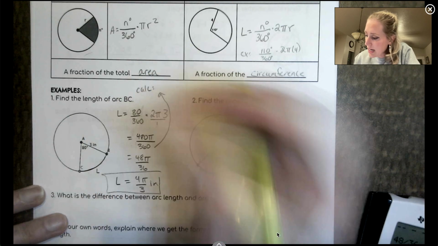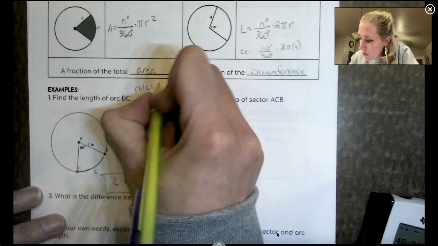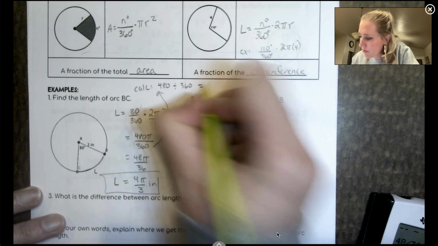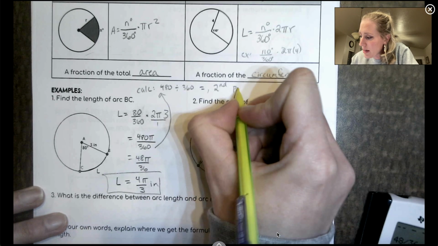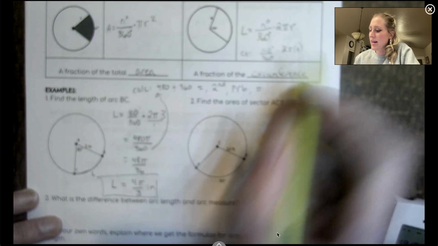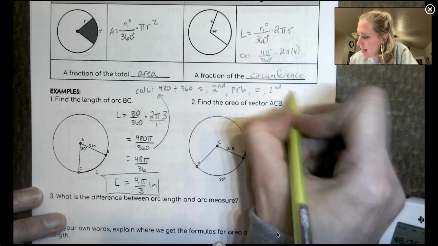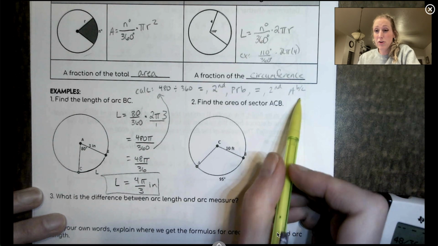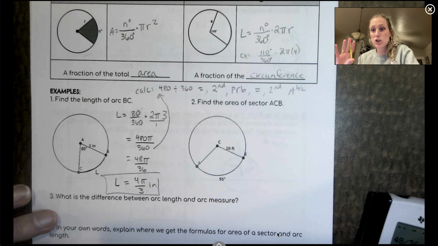You're going to type in, we could even start with that bigger one, 48 divided by 360, then hit equals, and then you're going to hit second and then PRB. That's the button you're going to hit, and then hit equals again. And if it's a mixed number, you're going to hit second ABC. Those are the commands on the TI-30. Have your teacher show you that, and that will always give you a fraction in lowest terms.